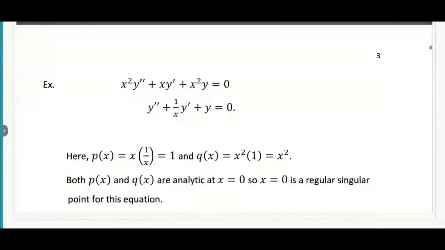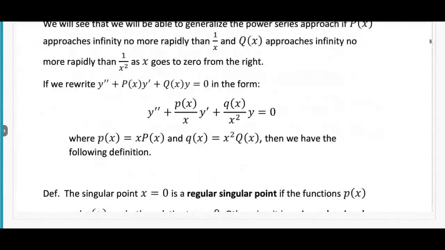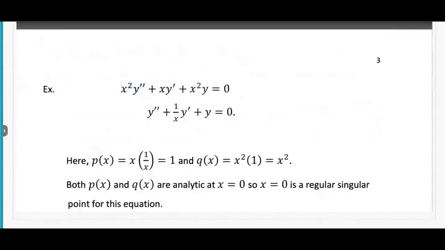Let's see this example. x squared y double prime. By the way, that one is the Bessel's equation. But usually when we see this kind of form, where A of x equals x squared and B of x equals x, it's called the Frobenius equation.